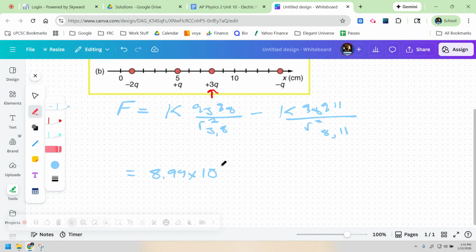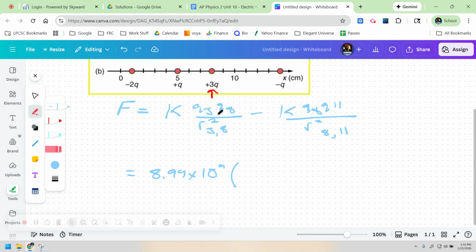Yes, in the book, they just use 9. This is what they have in the solution manual. I'm not worried about it. It depends on your significant figures, I think. So I'm just happy if you guys get the plug in the numbers right.